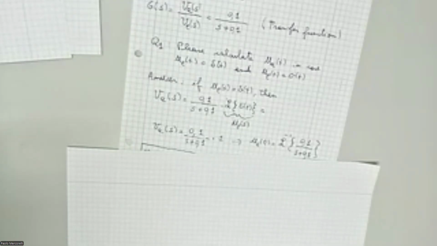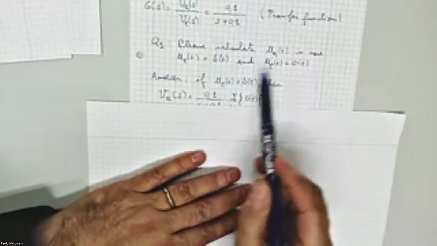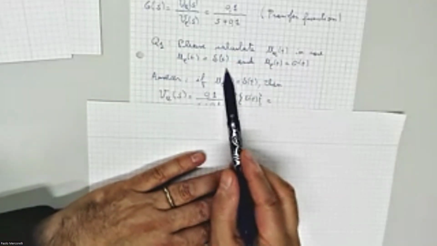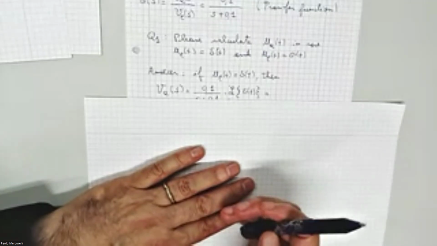The idea is please calculate, it's not written, but it's written here, calculate UA in case we have a delta. We don't need sigma because I told you sigma multiplied delta is sigma, as always.